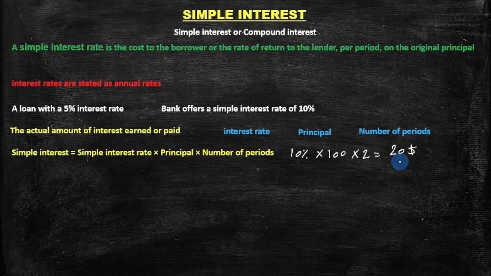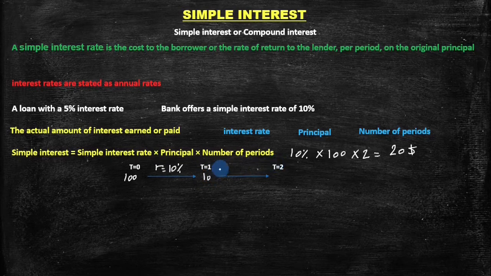Let's see what it looks like on a timeline. So t equals 0, that means today. So you put in $100 today. And the simple interest rate, we call that R, equals 10%. So after the course of 1 year, 10% of your original principal, $10.